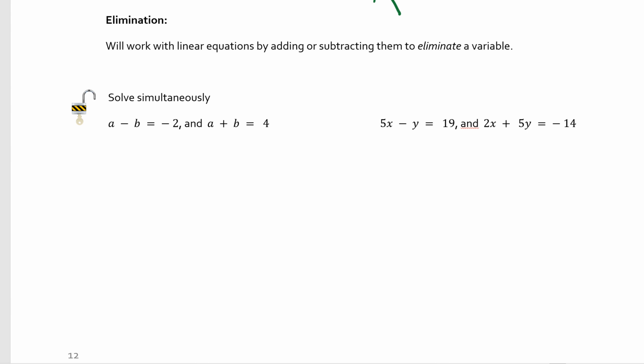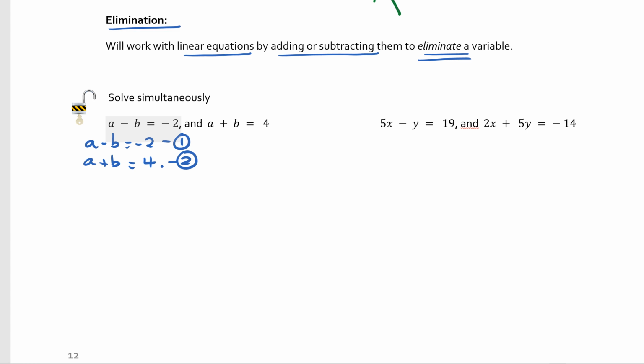Now our next option, elimination, works with linear equations, and we add or subtract those equations in order to eliminate a variable. So if we look at our first example, this was the same one we did up above by substitution. With the equation written like this and the variables lined up underneath each other, we've got options.